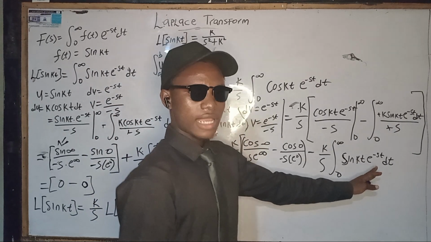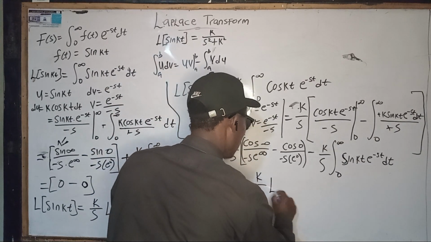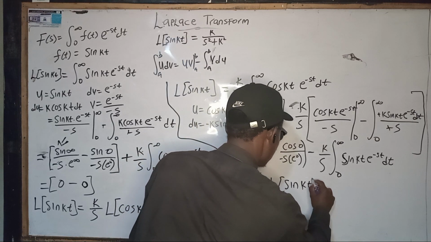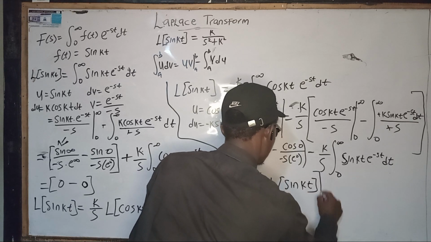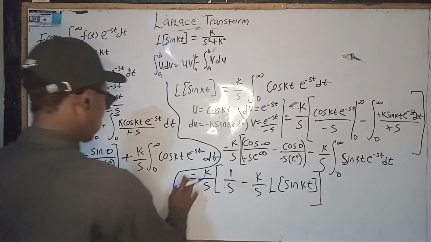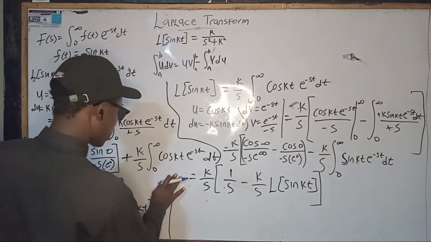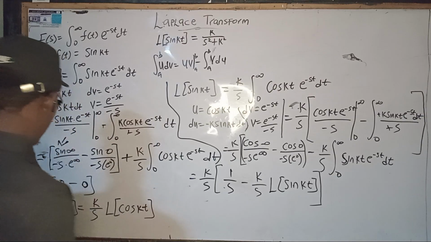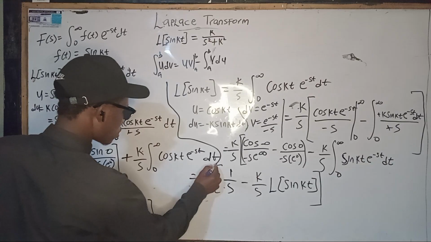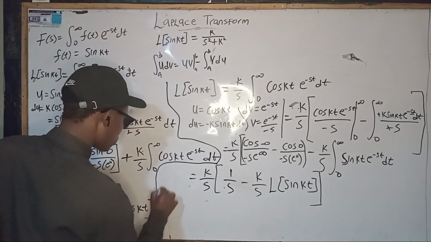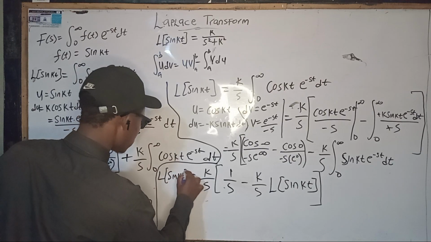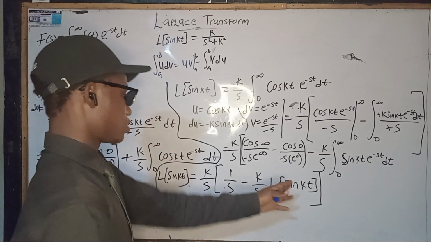But what does this look like to you? It looks like the Laplace transform of sine kt. Now, we know that from here, let me take out this borderline. This is what we did that got us here. So we know that the Laplace transform of sine kt is what is giving us this.